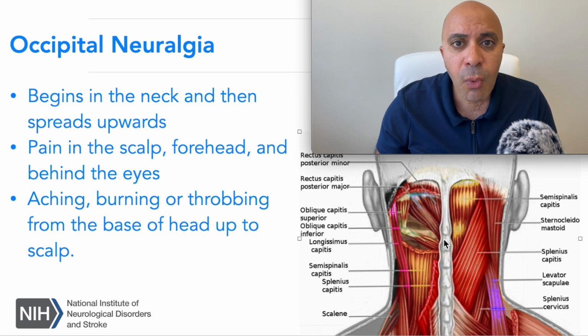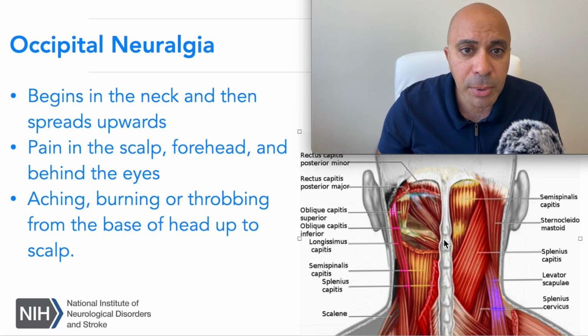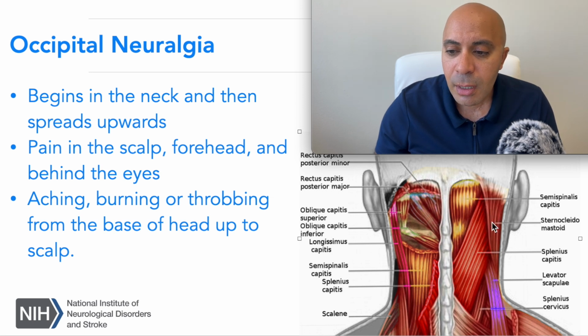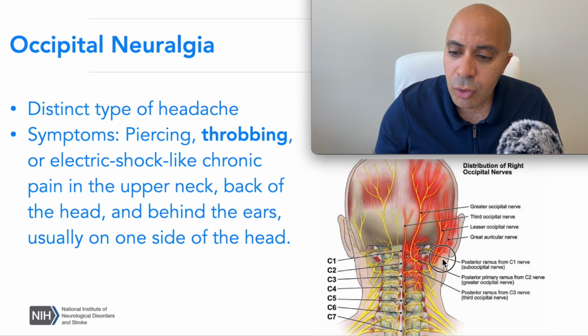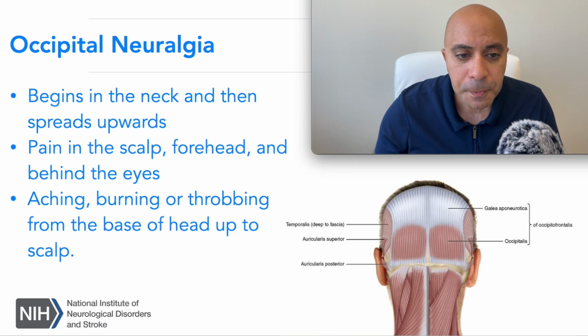It's very important to watch that video, because if you know the causes, you will know how to treat it properly. It could be the muscular system compressing the occipital nerve while it's going upward to its distribution, and there could be other reasons that I will cover in the other video.